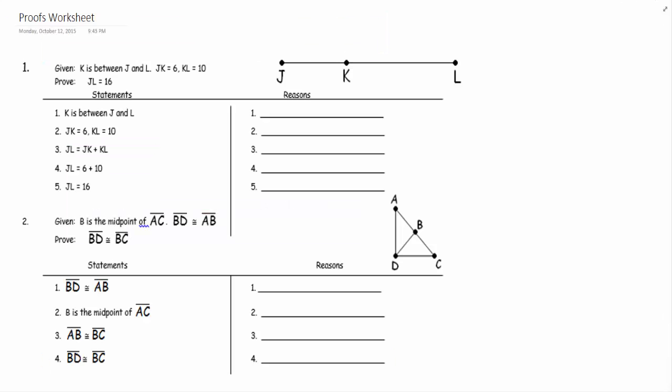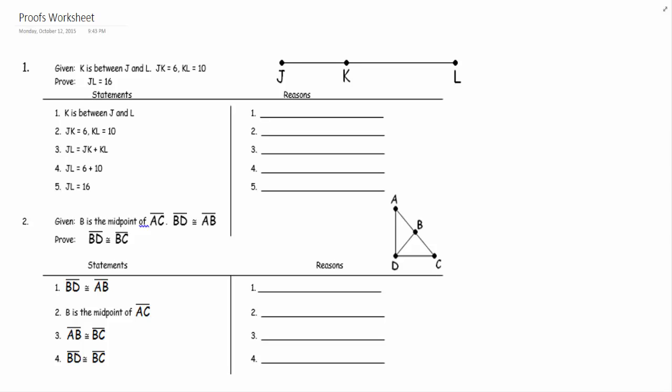Alright, at this time, if you're in class watching this, you need to get in your groups, and there's going to be 1 proof worksheet per group. Because there's only 1 per group, you are allowed to get out your phones and take pictures of this worksheet so that you don't have to keep sharing the worksheet among the 4 of you.